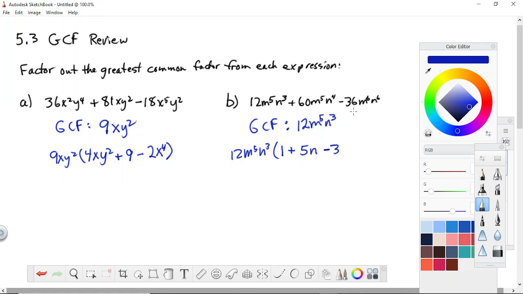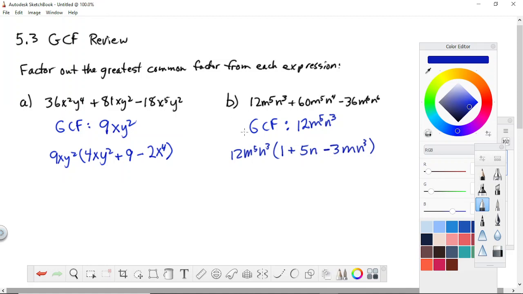So we have m to the 6th divided by m to the 5th, so all we have left is just m. And then we have n to the 6th divided by n cubed, and that leaves n cubed.